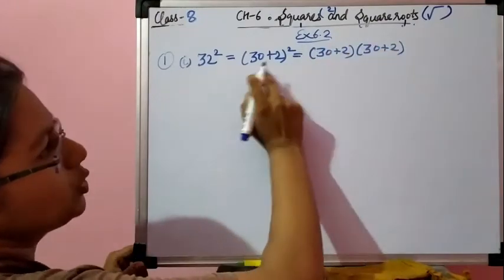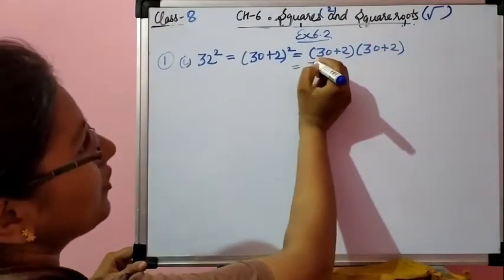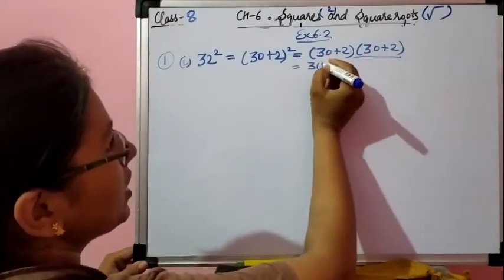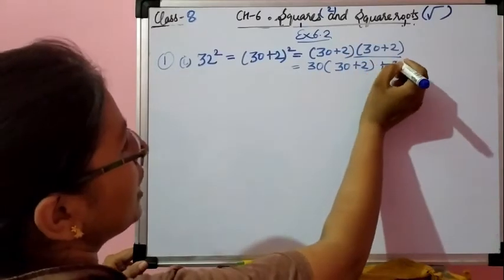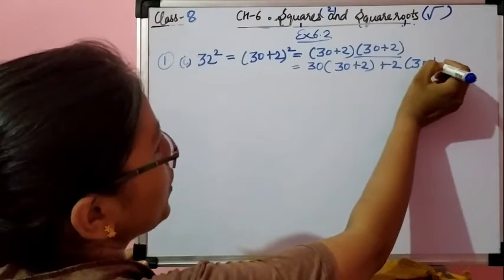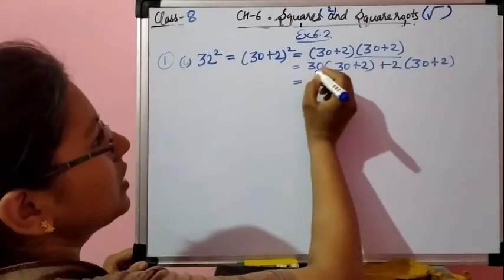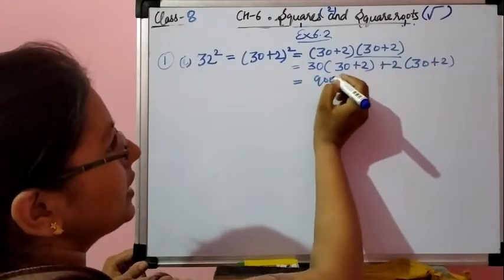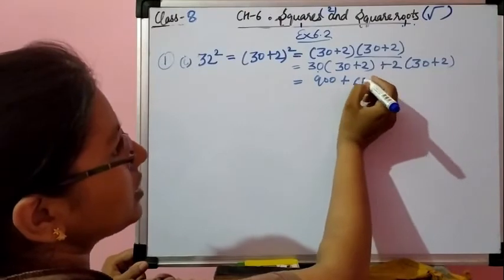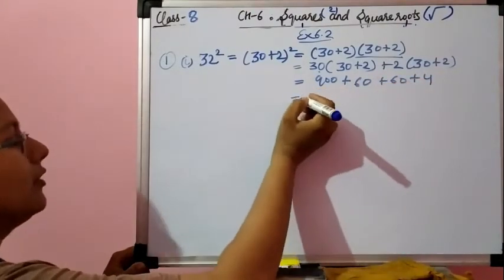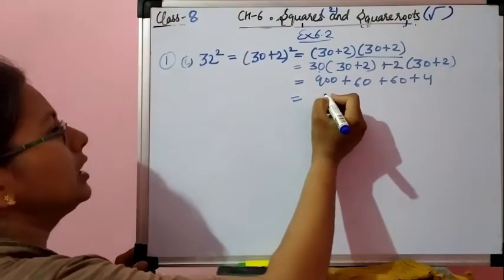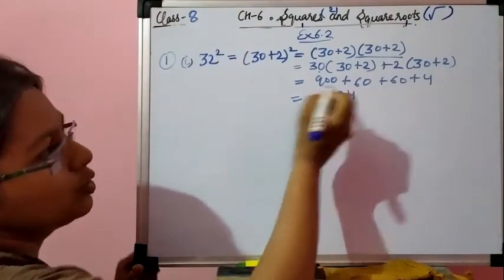This can be written 2 times. So I will fix this bracket, 30 I have taken, and then the fixed bracket, then I will take 2, then again the fixed bracket. 30 into 30, 900, 32 is 60, 2 30 is 60, 2 2 is 4, and when you add all these numbers, the answer will come 1024.